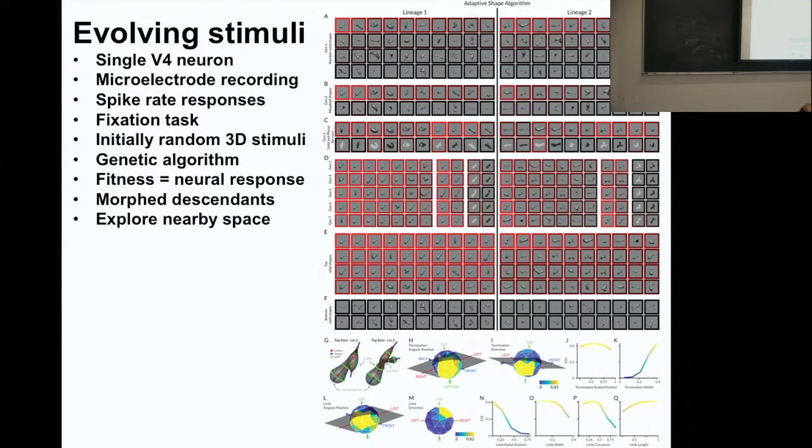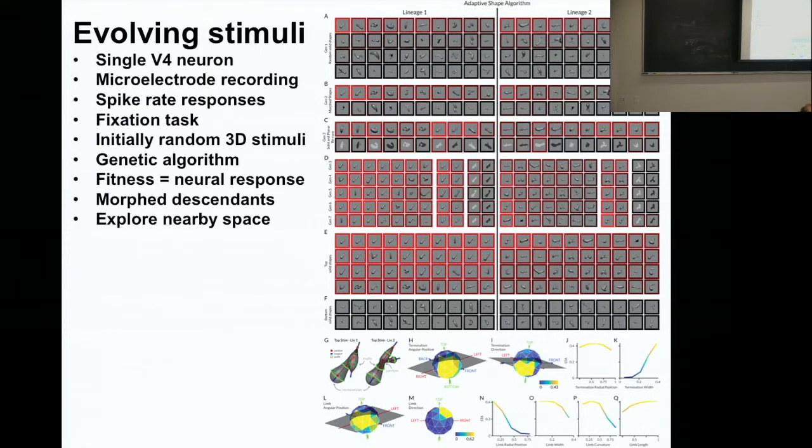So this diagram, which you won't be able to see well, even if you squint, is a representation of the kind of experiment that we do in V4 and in further stages of the ventral pathway.